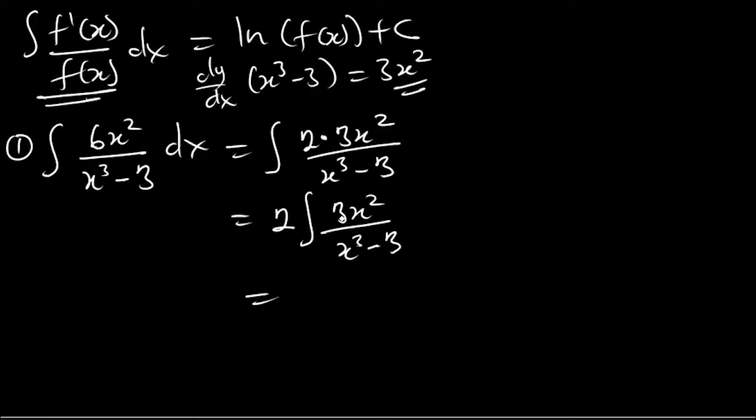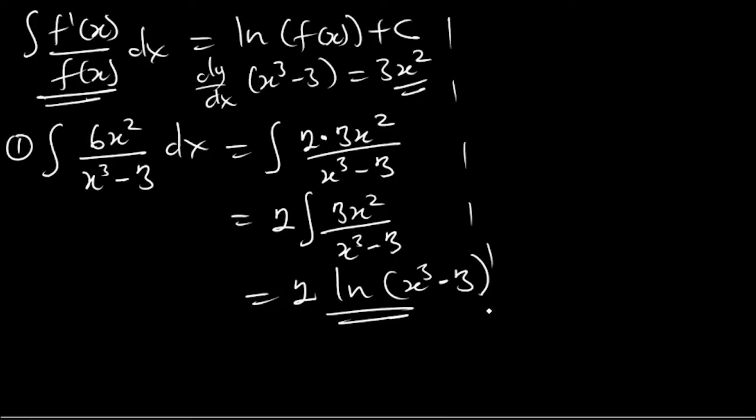So the integral of this alone is going to be, my 2 is there, ln of x cubed minus 3. Are we okay? All right, so you have to do the necessary substitution or the necessary factorization before you can get the correct answer. Let's look at the second example where it's also a special case.